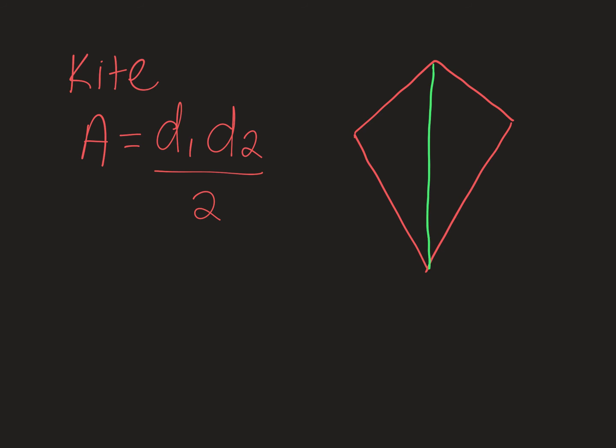All right. So diagonal 1, diagonal 2. It really doesn't matter which one is which because you're multiplying them together anyway. A lot of times for the kite, the pictures are going to give it to you in pieces.